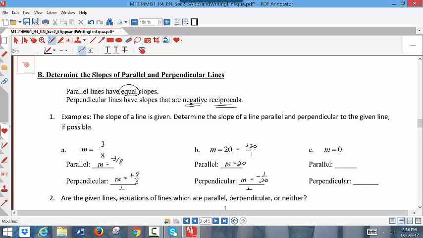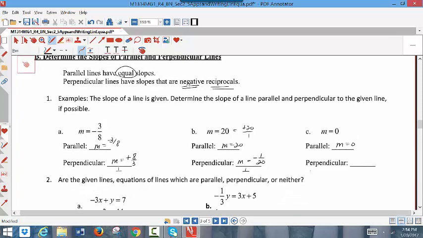If your line is parallel to the one with a slope of 0, your slope is 0 also. What if you're perpendicular? Okay. This is 0 over 1, and it's positive. So your perpendicular would be -1 over 0? That does not work. That is undefined. And guess what?